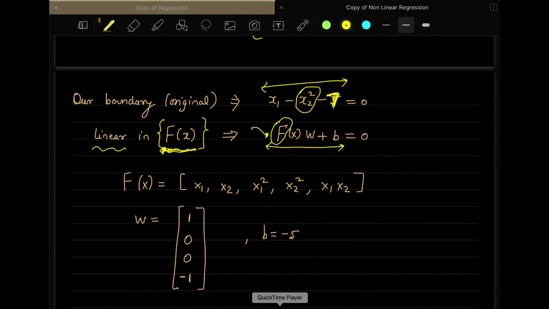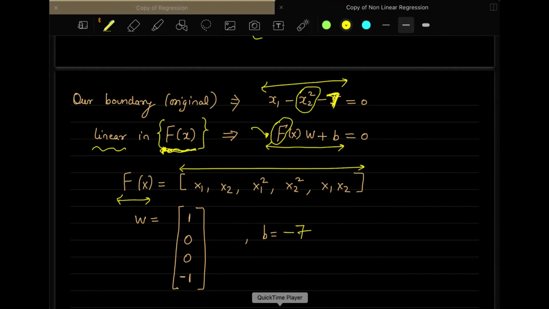So now you know this F(x) has 5 different features which you have expanded. If you want to write it like this, w F(x) plus b, you can immediately realize how to compare it.